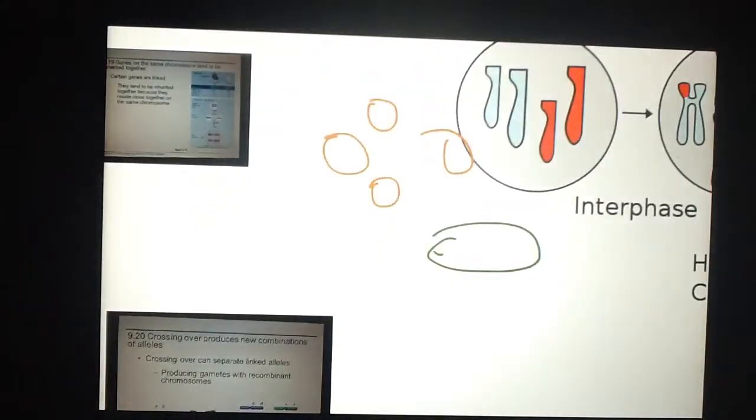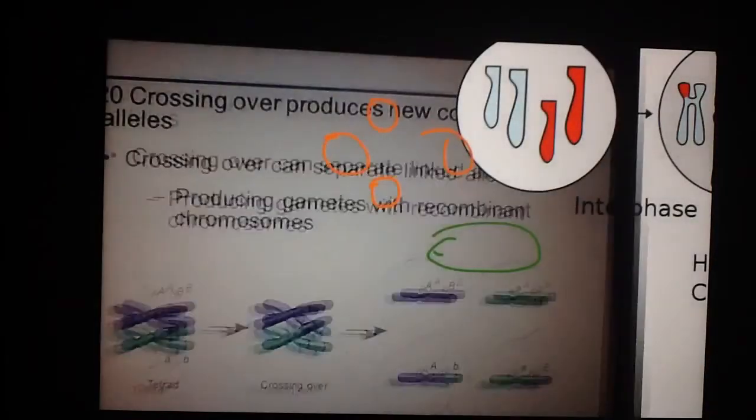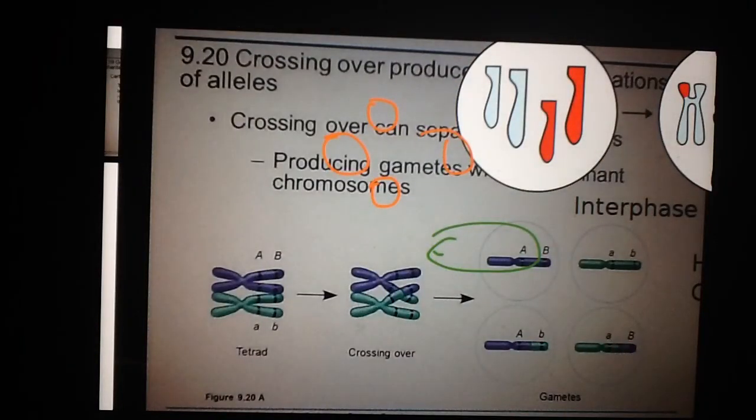So what does this look like up close? Here we have a diagram. Here are our 2 chromosomes. They're hanging out, and they have come together so closely that they will literally cross and swap material.